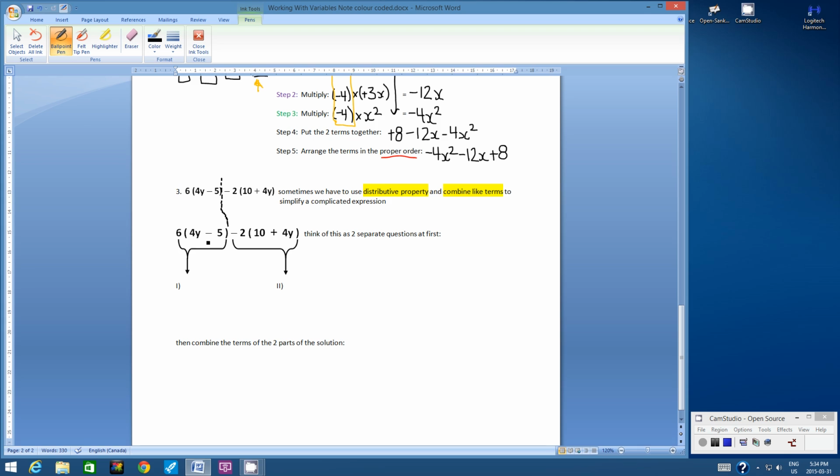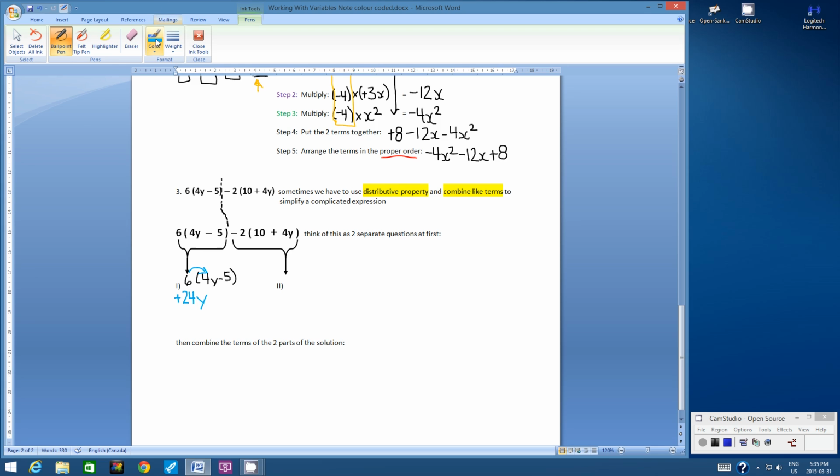Okay, so let's look at the left side, this part, part 1. So this is 6 with bracket 4y minus 5. Step 1, we multiply what's outside to the first term here. So what's 6 times 4y? 6 times 4y is 24y, and it's positive, isn't it?